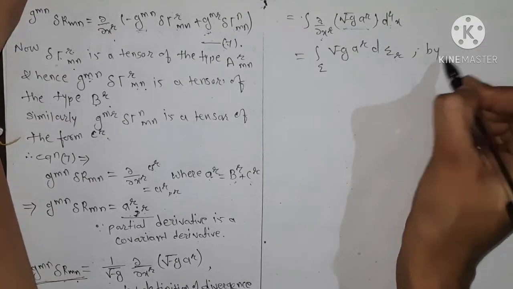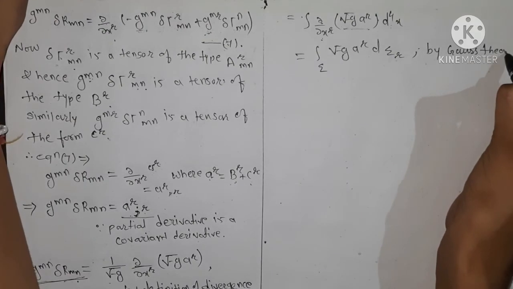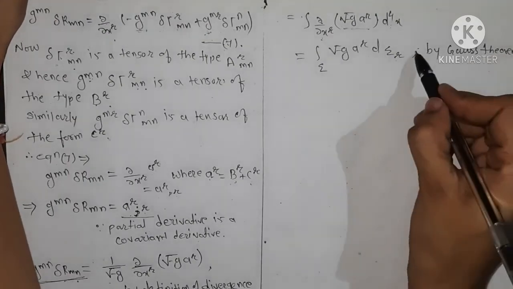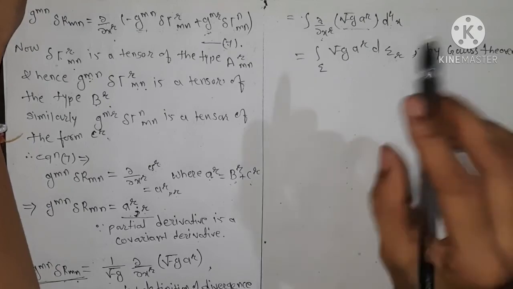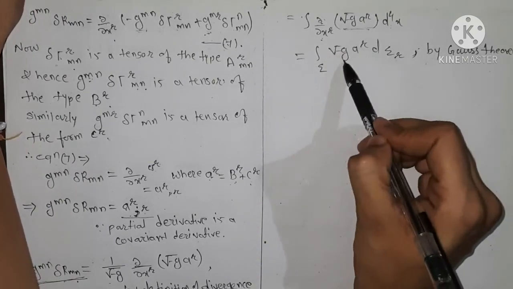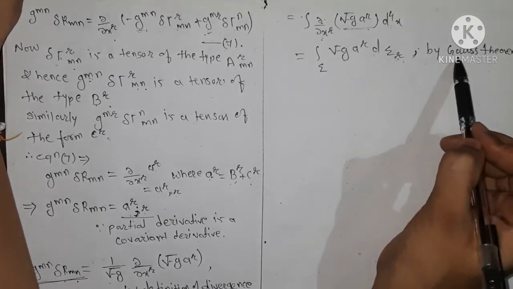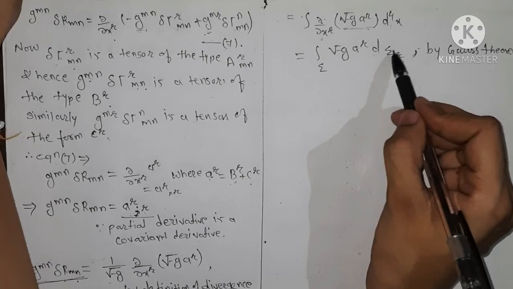This is because by Gauss theorem that we have seen in the last lecture. So we write the partial derivative as a vector into dΣ_r. ds is present in the Gauss theorem, but we use dΣ_r.